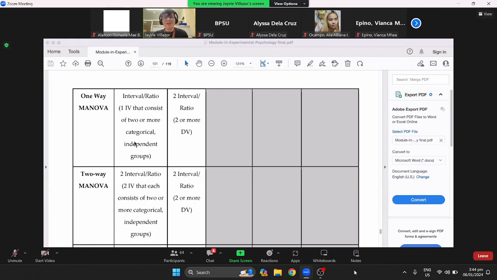So, naka-apekto ba si mindfulness sa mental health tsaka level of concentration? Pag gano'n ang research mo, ang gagamitin mo ay one-way MANOVA. So once again, one-way MANOVA is not non-parametric, but rather parametric.